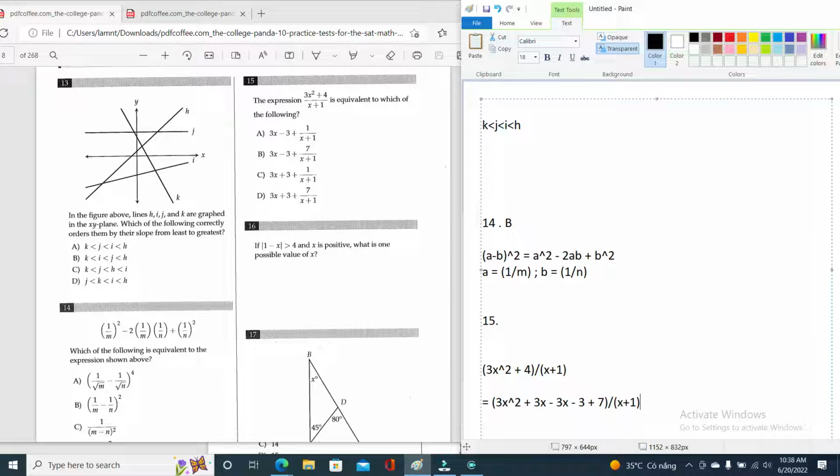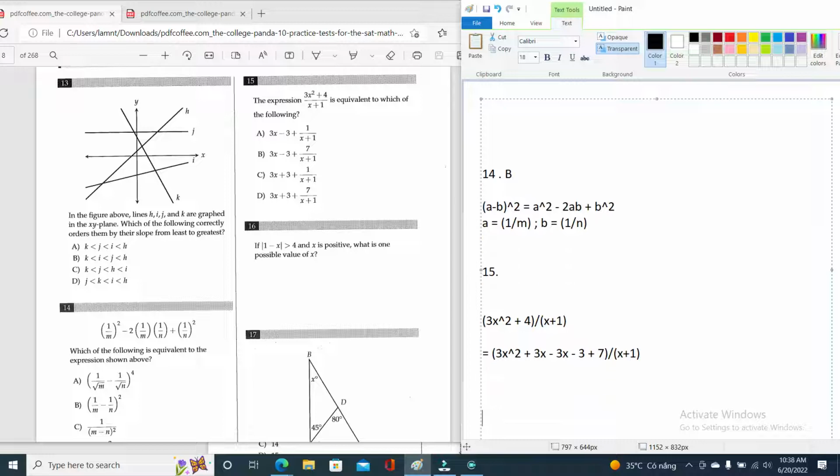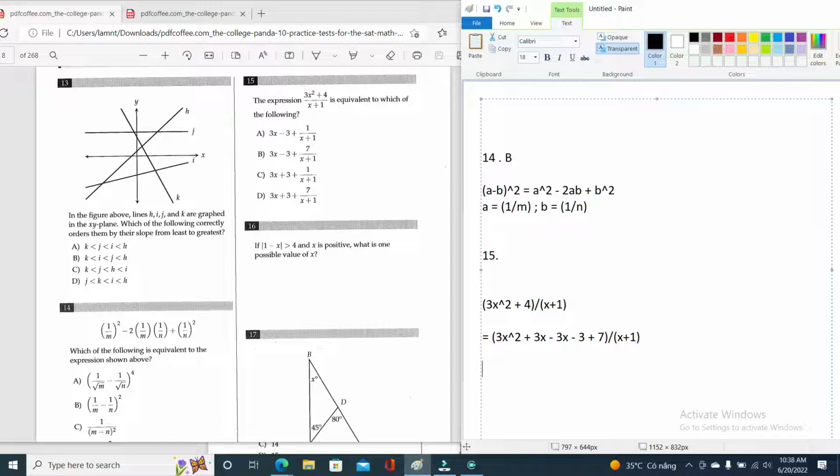Well, I add the numbers in like this because we want to create terms that cancel out with x plus 1. So it's 3x squared plus 3x over x plus 1, minus 3x plus 3 over x plus 1, and plus 7 over x plus 1.